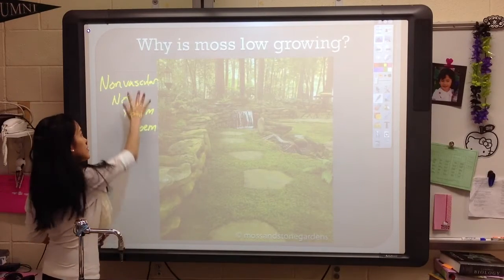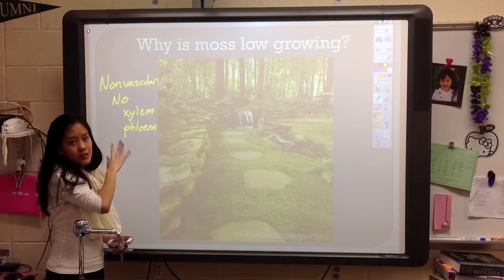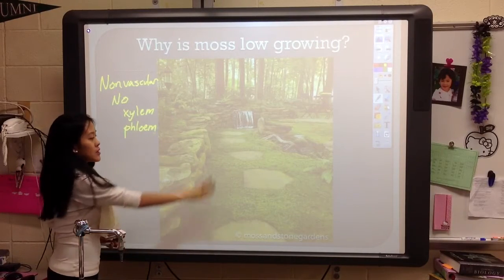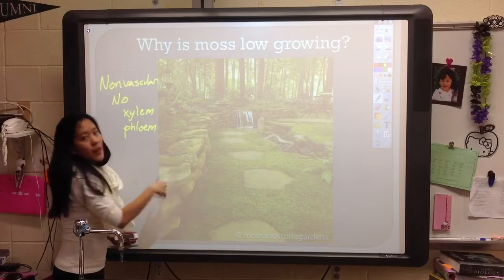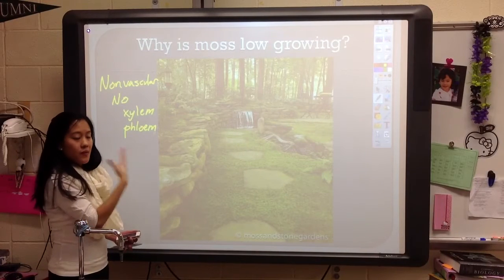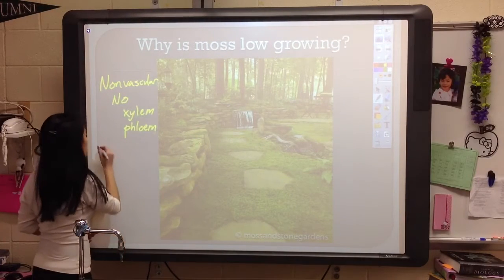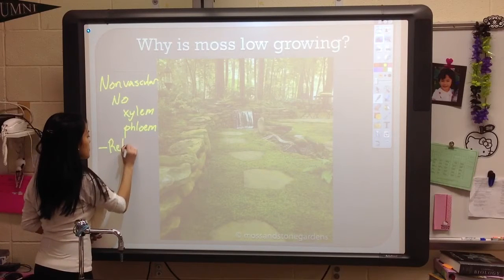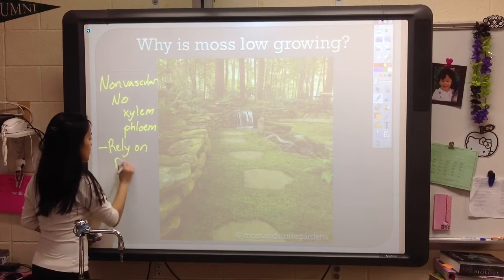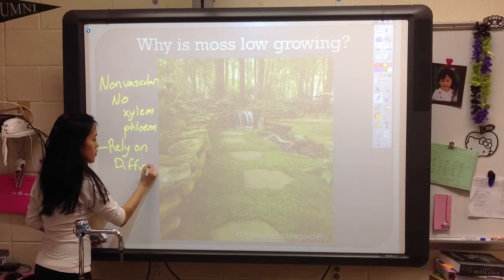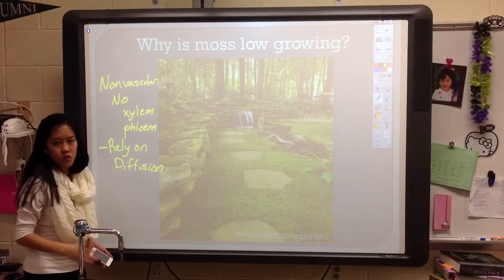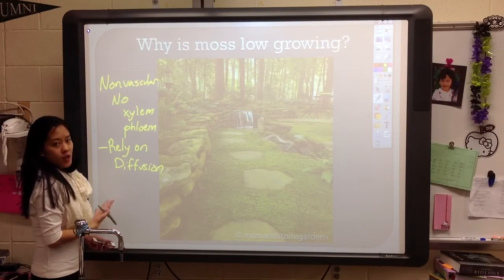Well, if you don't have these special tissues or special cells to move water and food, that means you have to grow very low. And when you grow very low and you don't have these special cells, you actually will rely on diffusion. Water will move high to low due to the concentration gradient that we've talked about before.